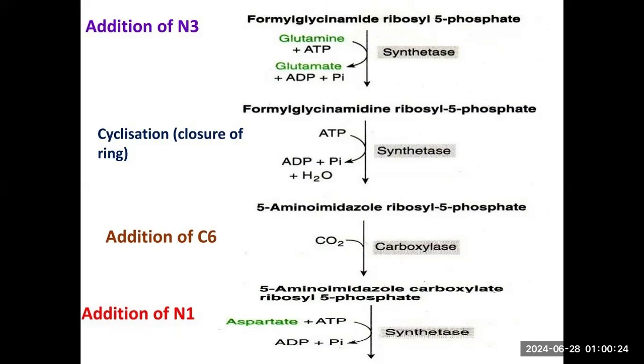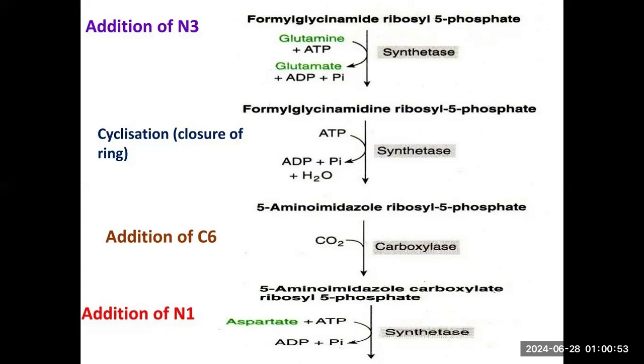Then one more carbon atom is added, generated from carbon dioxide. By the action of the enzyme carboxylase, we get the formation of 5-amino imidazole carboxylate ribosyl 5-phosphate. To this one more nitrogen atom is added, and the donor molecule is aspartate.